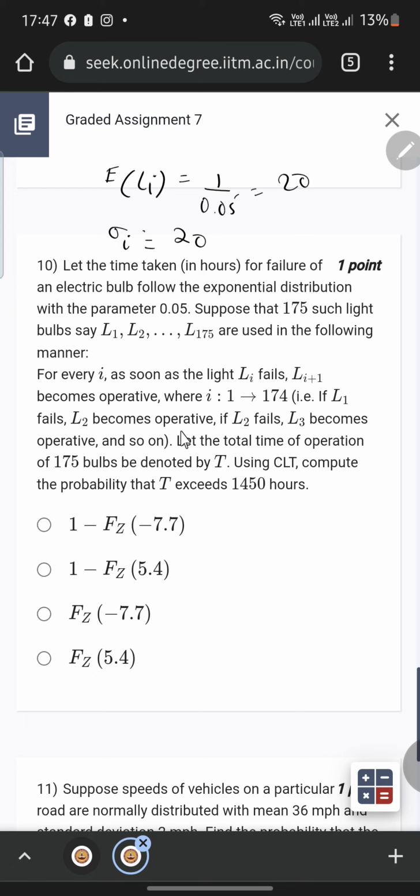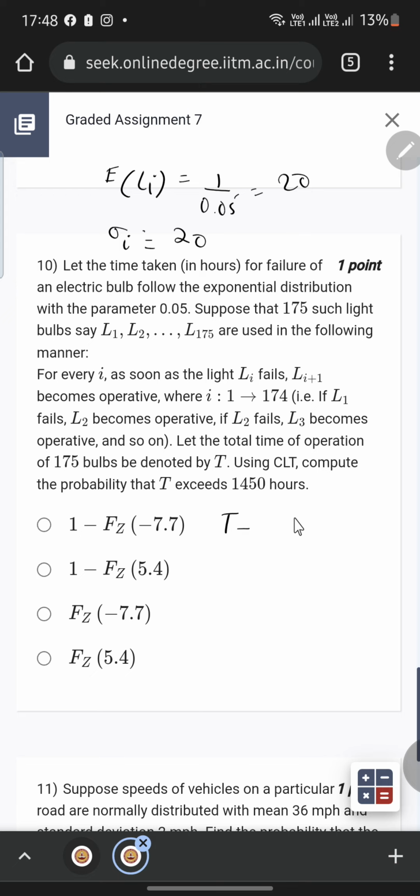So we need to find that the time taken in hours exceeds 1450 for all light bulbs, right? So first of all, we need to use the CLT here. So we already know that expected value is 20 and standard deviation is 20. So let us say T here.